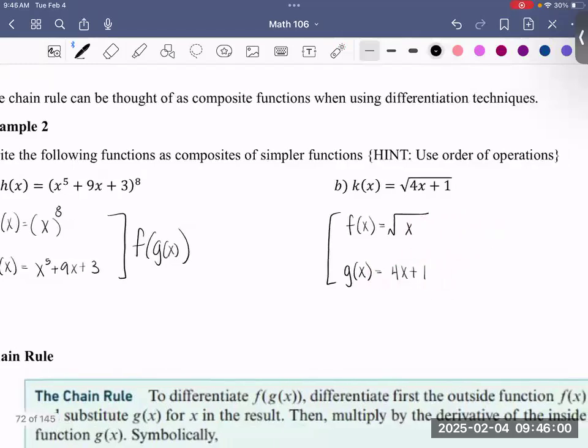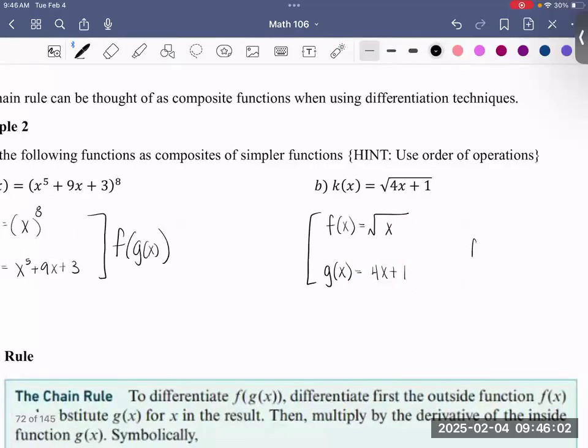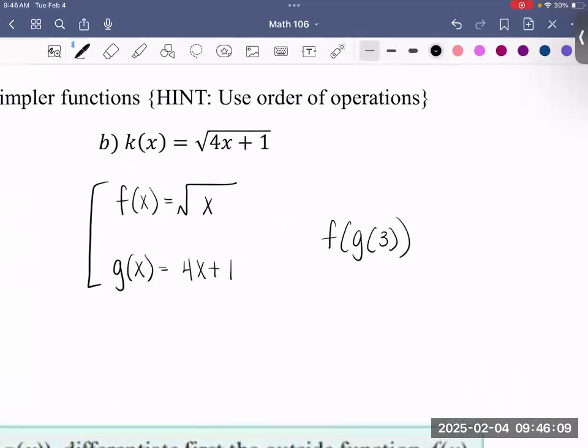So for example, if I were to evaluate f of g of 0, we need to first evaluate g of 0. 4 times 0 plus 1, which is just 1.